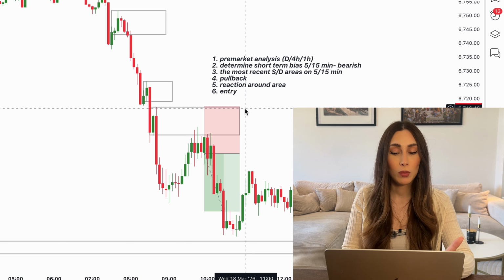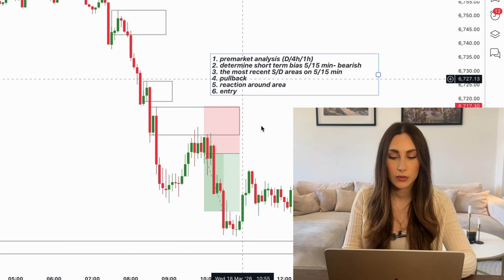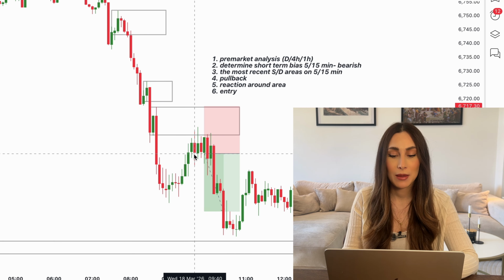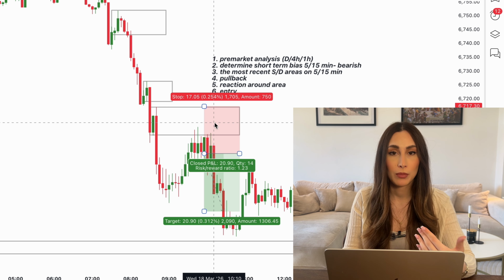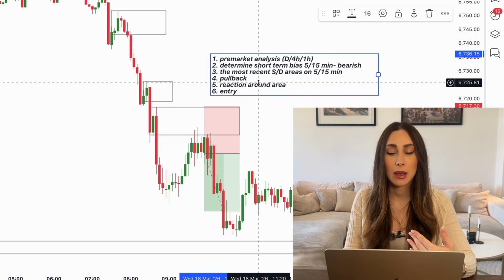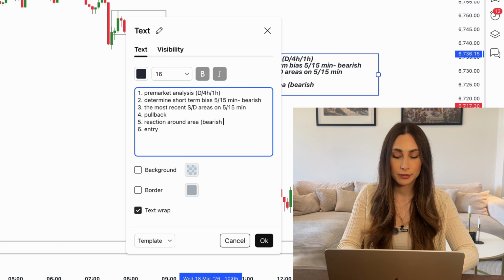So we got that pullback. That was the fourth step, or a tap. I usually just call it a tap. Then the fifth step is you wait for a proper reaction. So around the supply setup, that should be a bearish candle closure. Let's write that down as well. Bearish candle closure.